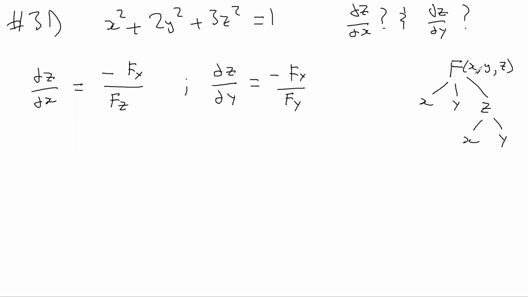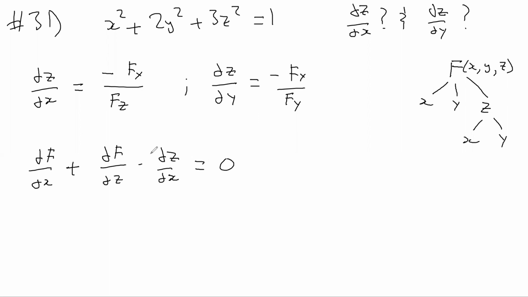If I were to find what dz over dx is, that's essentially df over dx plus df over dz times dz over dx, which is equal to some constant, let's say 0.